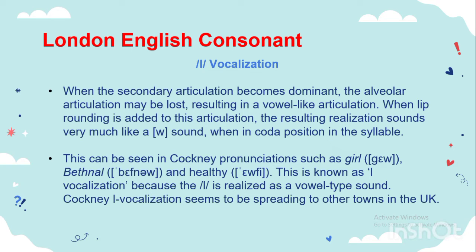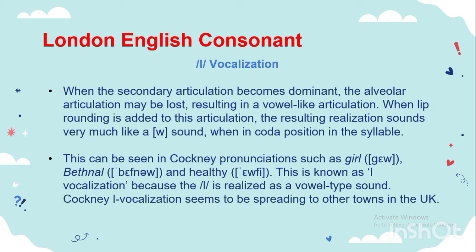L vocalization. When the secondary articulation becomes dominant, the alveolar articulation may be lost, resulting in a vowel-like articulation. When lip rounding is added to this articulation, the resulting realization sounds very much like a w sound when in coda position in the syllable.